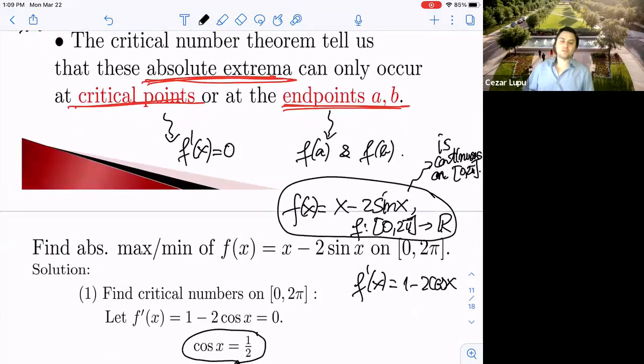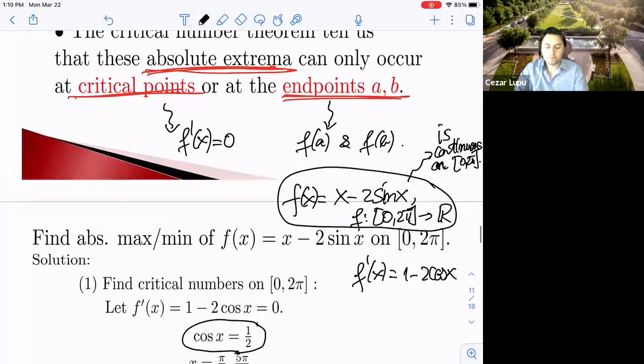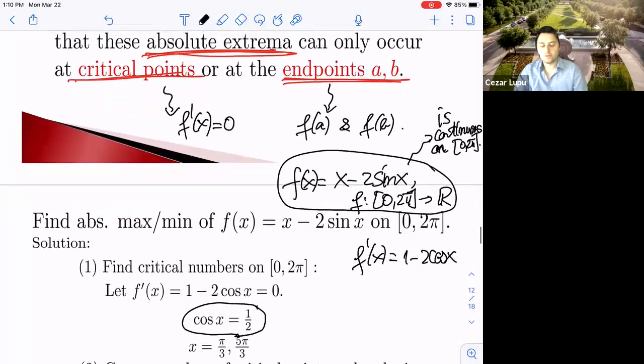So what are the solutions of this equation? Well, the solutions are either pi over 3, or you can add 2 pi, or 5 pi over 3. So look, these are the solutions, the critical numbers.